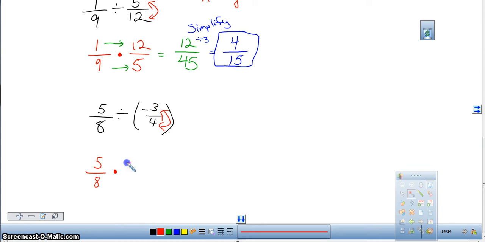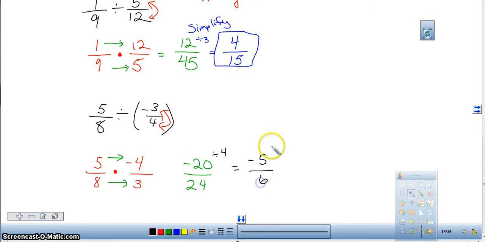So this becomes -4 over 3. And then I multiply across. So I get -20 over 24. And I can reduce that by 4. So it gives me -5 over 6.